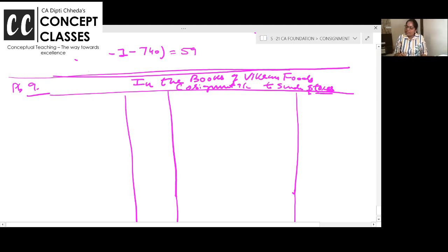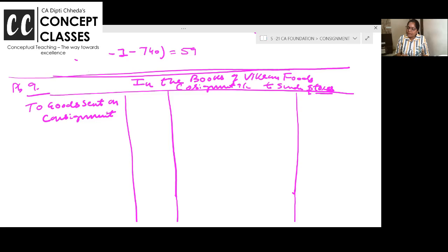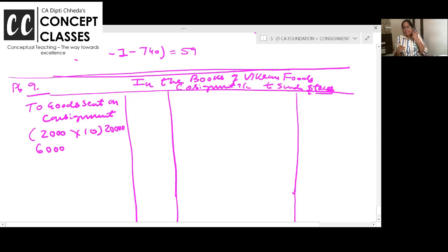First thing now, we have sent the goods. Goods sent on consignment. 5,000 kgs of baby food packed in 2,000 tins of 1 kg. ठीक है, 2,000 tins of 1 kg जिनका cost है 10, so 20,000, and 6,000 packets of half kg means 3,000 full kg. तो 3 and 2 मिला के it is 5,000 kg. भाषा थोड़ा घुमा के दिया है.